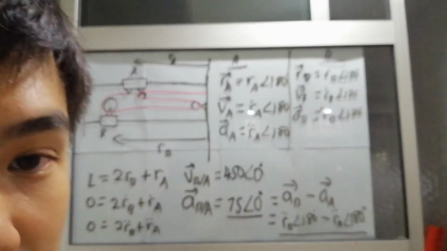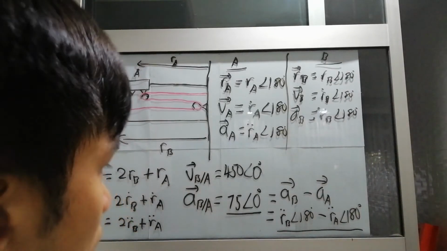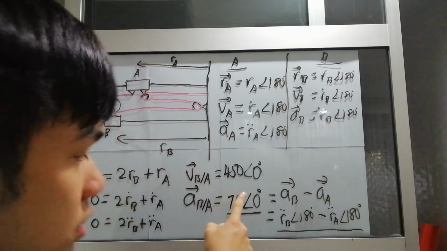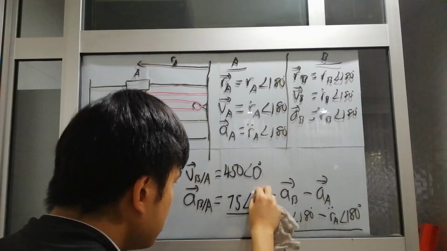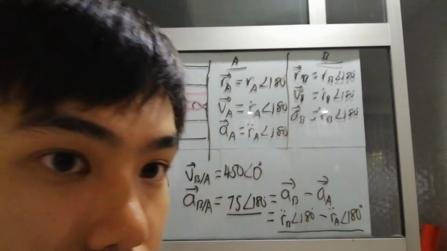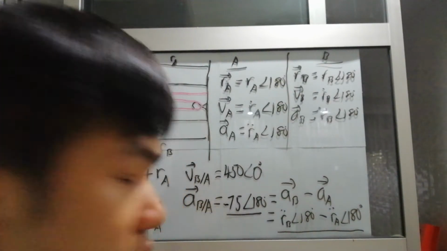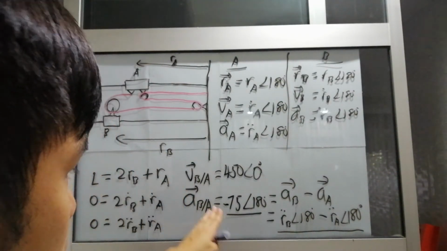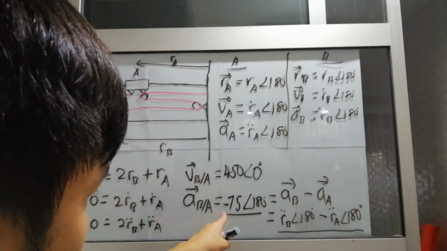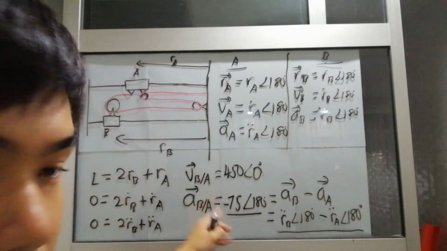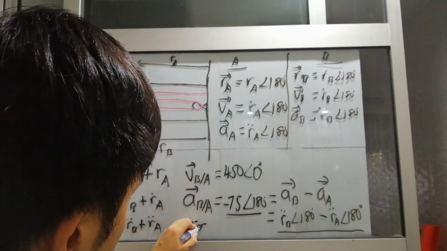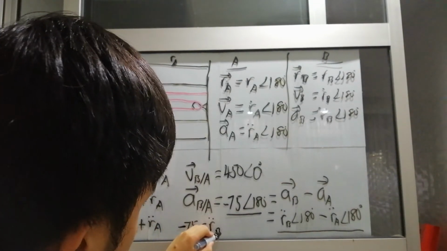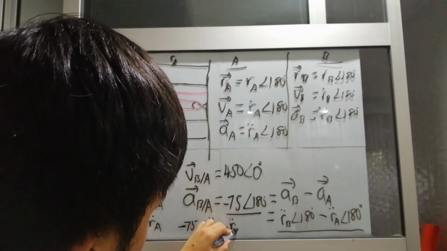I cannot directly cancel out the angles because they are different angles. So I convert this one into 180. If I convert 0 to 180, I need to add a negative sign in front, right? Now, since this equation here is all 180 degrees, I can cancel out the 180 and I form one equation: negative 75 is equal to R double dot B minus R double dot A.